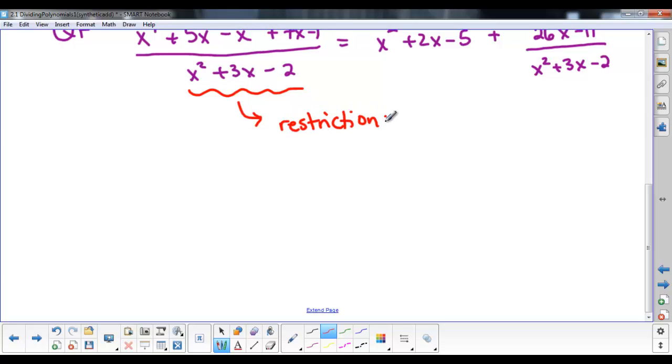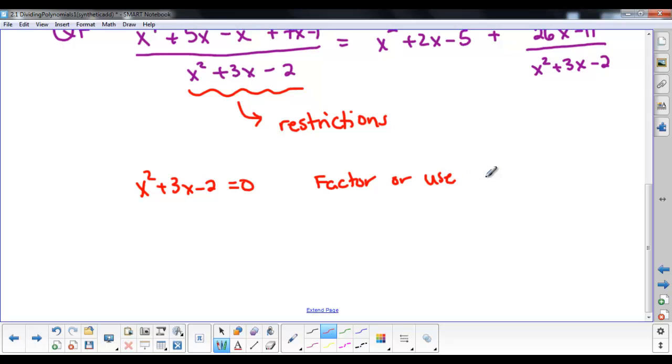And in this case, because we have a trinomial, to find out when our divisor ends up being 0, we can either factor or use the quadratic formula. In this case, it is not factorable, so we would have to use the quadratic formula.